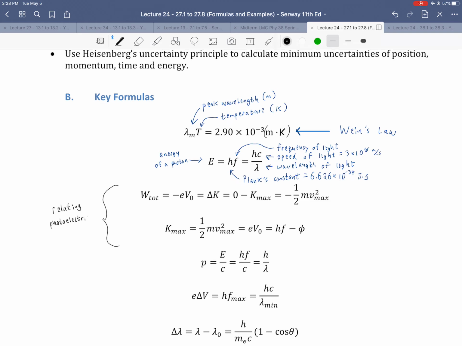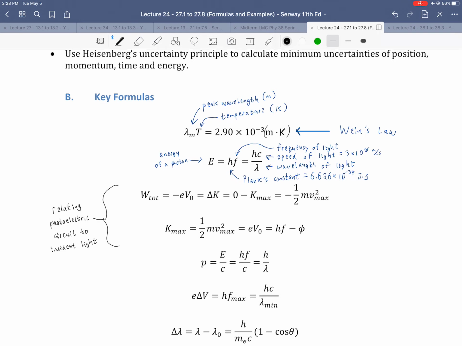If you want a circuit diagram of the photoelectric circuit, with the idea of the stopping potential and how the current is created, then please refer to the previous lecture and the slides there. There are some great diagrams, great pictures there.